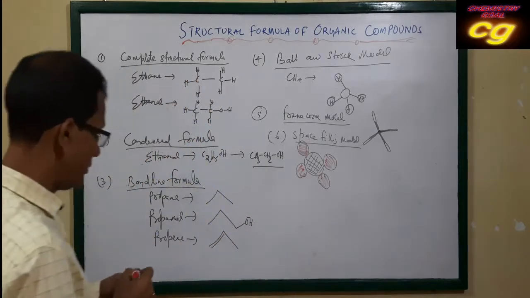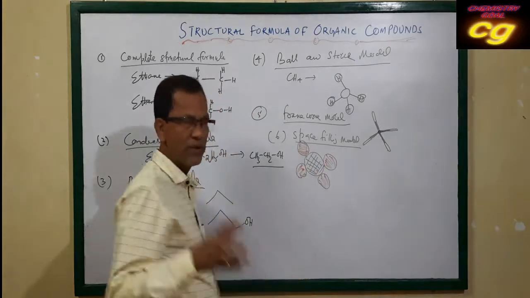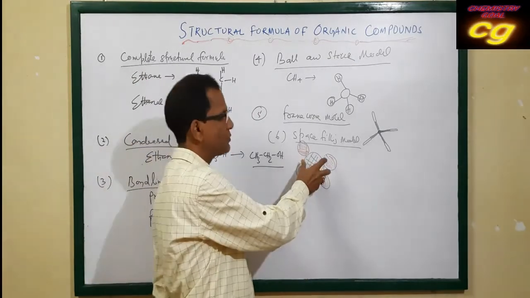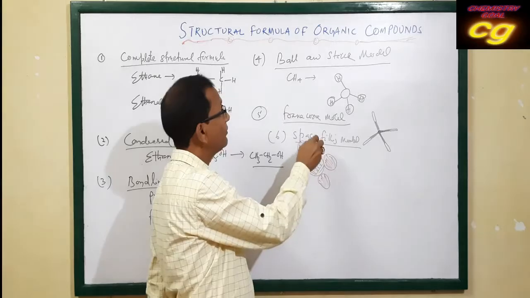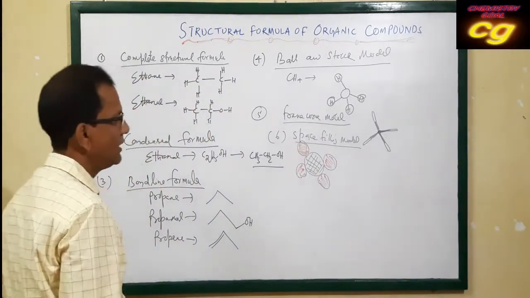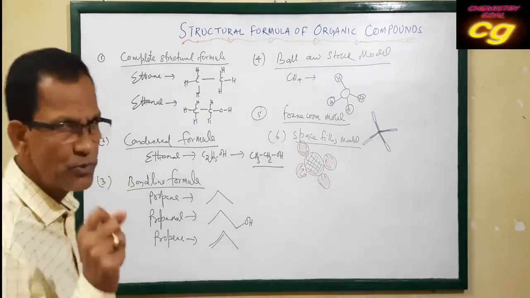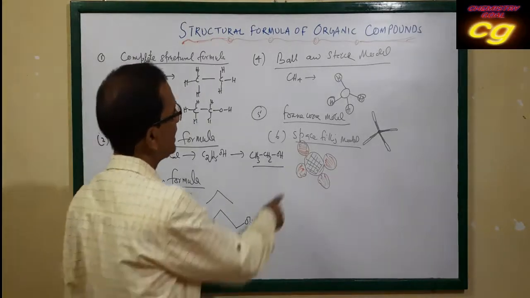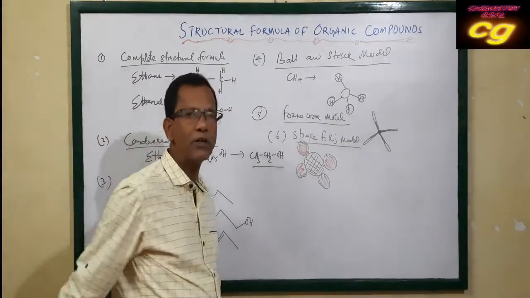Here space filling model means that some spherical shape atoms will combine with each other, forming space filling models. That means the whole molecule is represented by spheres, a central sphere and the bonded spheres. Bonded sphere is the bonded atom, central sphere is the central atom.